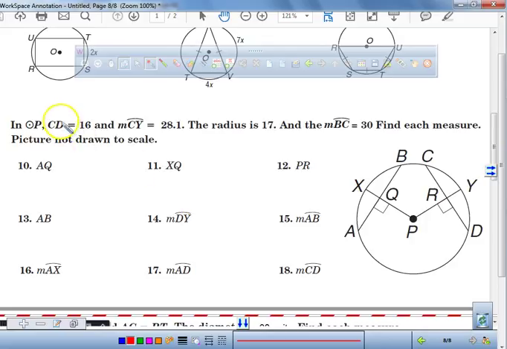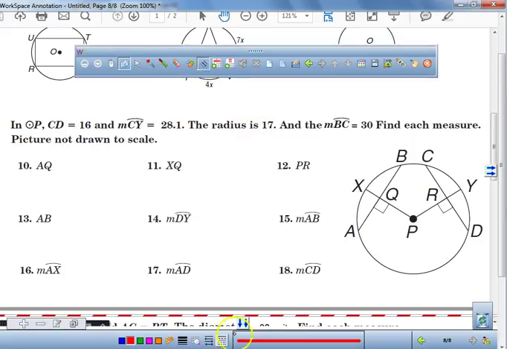Okay? It says CD is equal to 16. So what I need you guys to know is that where you see CD, that's 16, which means the A is also 16. So make sure you understand that CD all the way across is 16. Now it says the measure of arc CY is 28.1.